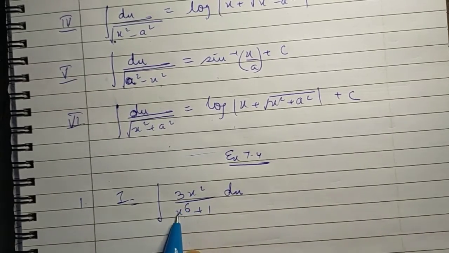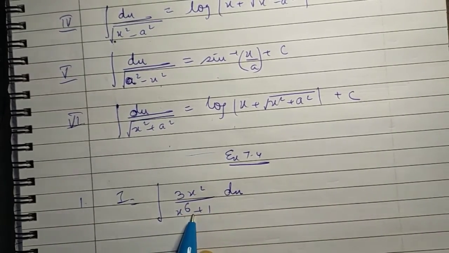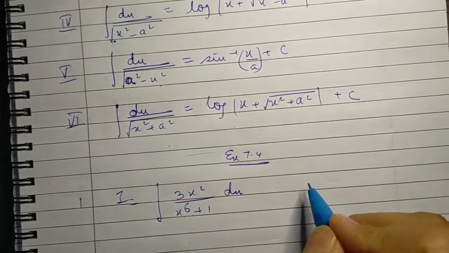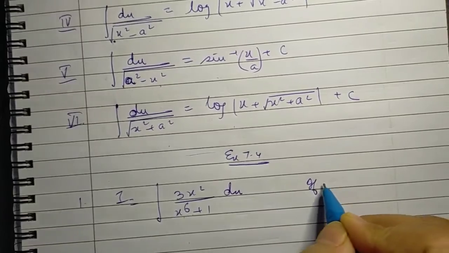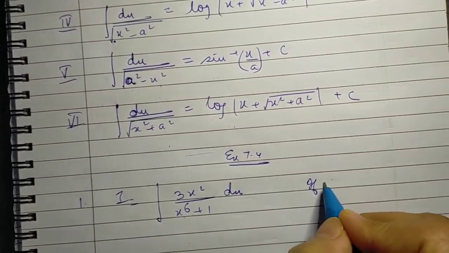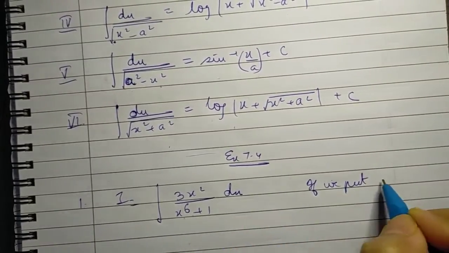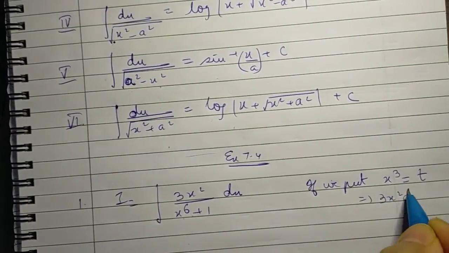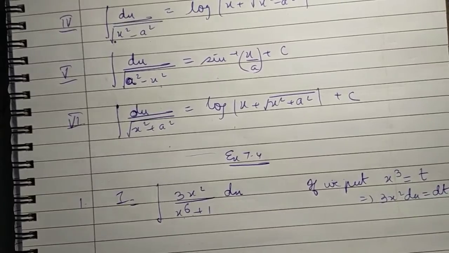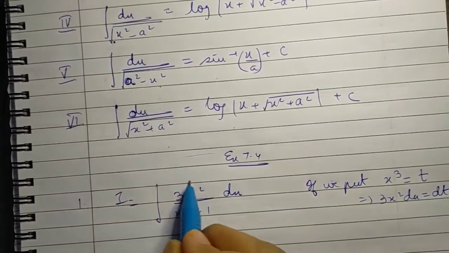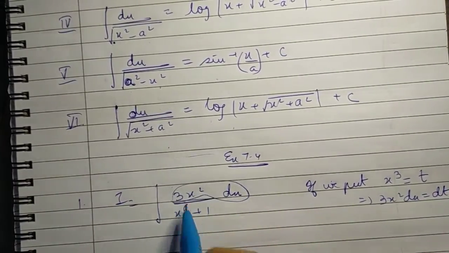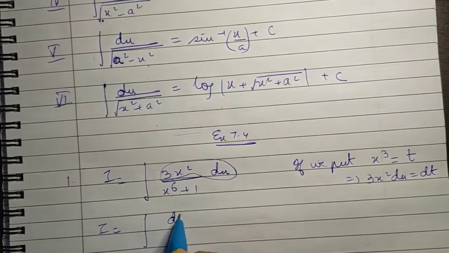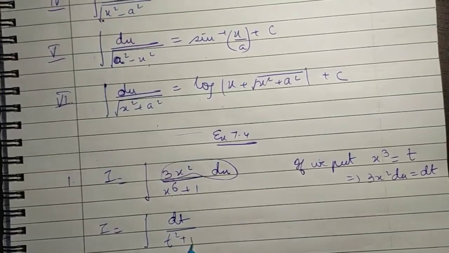Here you have a sixth power term of x, whereas here you have 3x squared. So if we put x cubed equal to t, we get 3x squared dx is equal to dt. So this part gets absorbed in dt, and this gets simplified to dt over t squared plus 1.